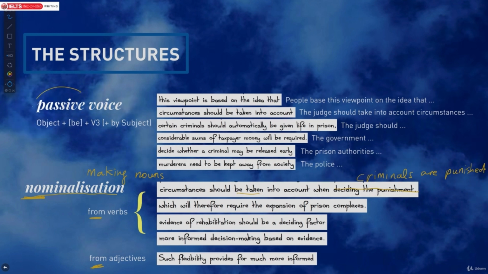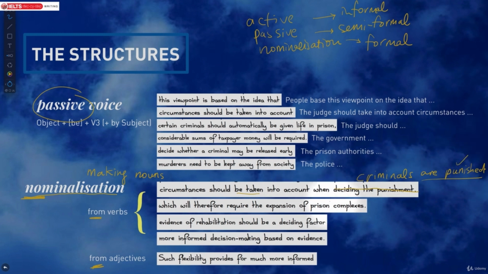We can say the active voice, passive voice, and nominalization. We go from informal, to semi-formal, and then using nouns instead of the verbs becomes formal. So this is a sort of semi-formal way of saying it, are punished.